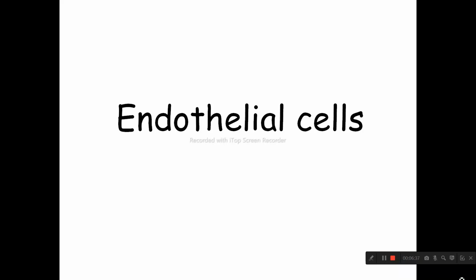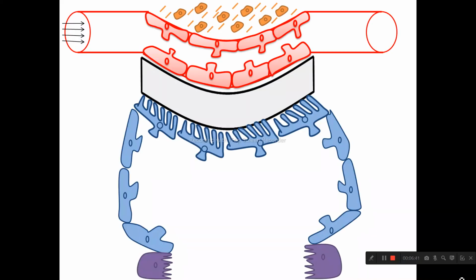Okay, the blood side, the endothelial cells. The endothelial cells that line the glomerular capillaries are a very specialized type of cell. And what is very special about them, the endothelial cells present over here have thousands and thousands of holes within the cell.